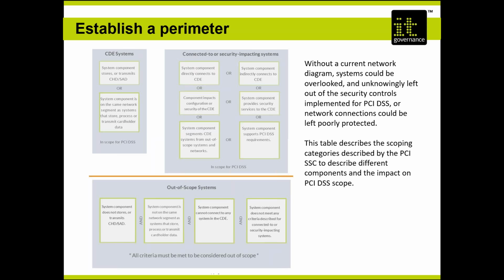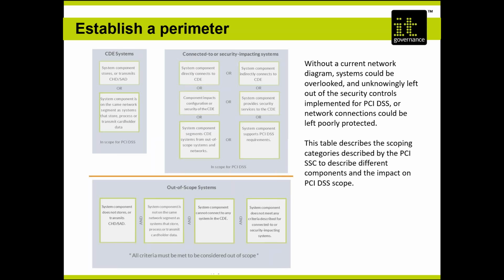They could be unknowingly left out of the security controls that you need to implement for PCI DSS, or you might find that those network connections could be left poorly protected. What I find is an up-to-date IT asset register will help you determine if all systems have been reviewed as part of the process. So it's often sensible to flag which systems are in scope in terms of what you think are within the cardholder data environment.